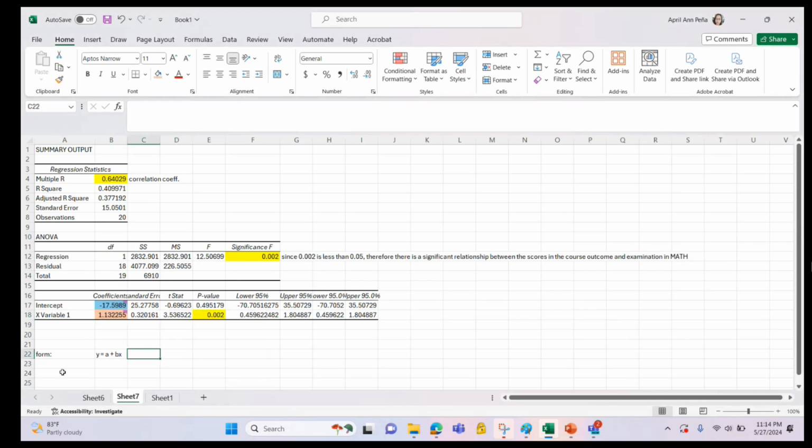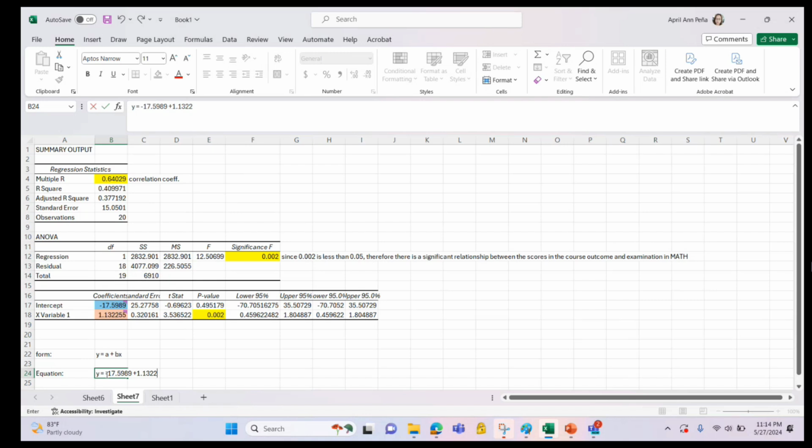All right. Now let us have our equation. We're just going to substitute the A and the B. So we have Y equals, the value of our A, using 4 decimal places, negative 17.5989 plus B. B is 1.1322.